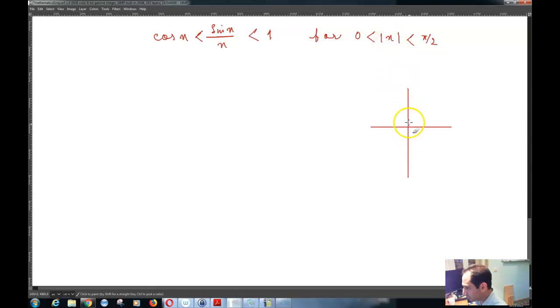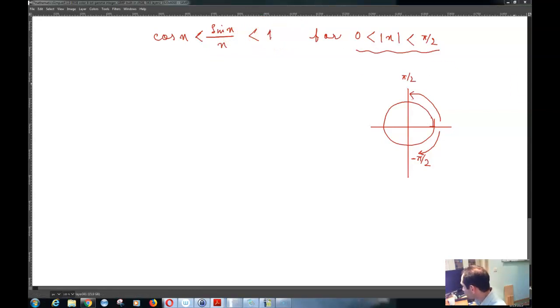If you take this as 0, then this becomes pi by 2 and this becomes negative pi by 2, and all of these angles are included in this inequality. And so for these x's, you can always say that cos of x is less than sine of x by x, which is less than 1.